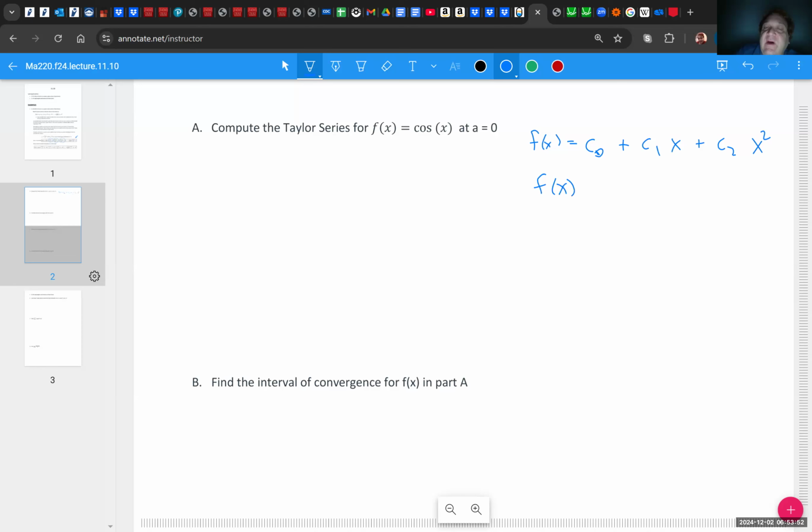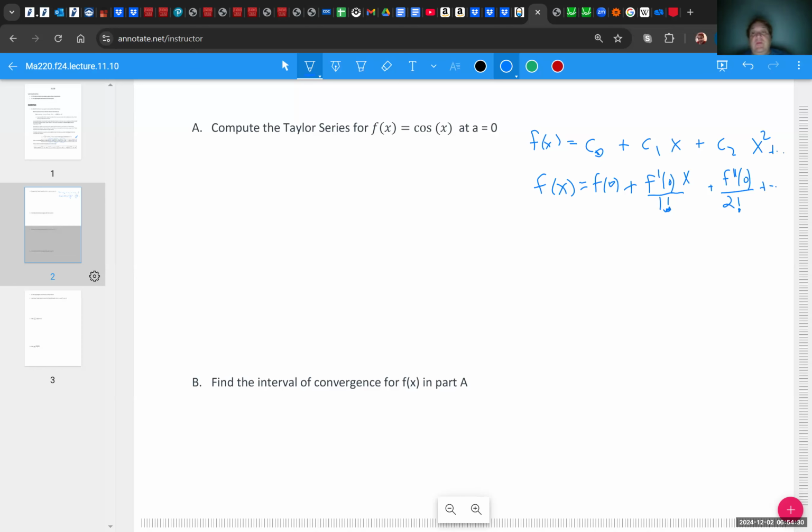We know exactly how to find them. c0 would be the function evaluated at 0. And then c1 is going to be the derivative evaluated at 0, and then you have to divide by 1 factorial, which in this case is 1, so it doesn't really do anything, but we'll do it so we can see the pattern. The next one is the second derivative evaluated at 0 divided by 2 factorial, which is 2 times 1. And then we're going to keep going on and on.